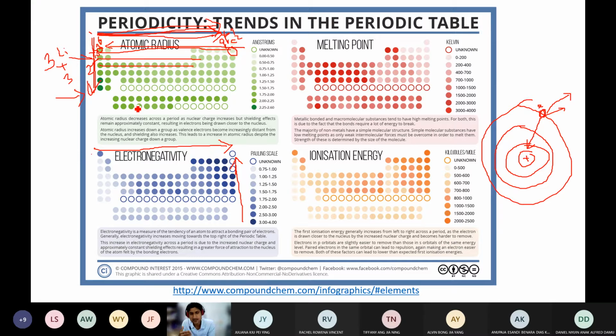And this electronegativity characteristic of the elements is also explained by the atomic radius.